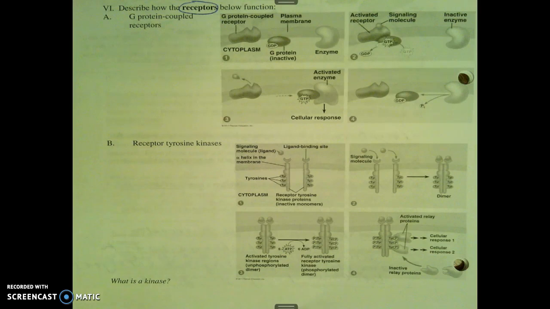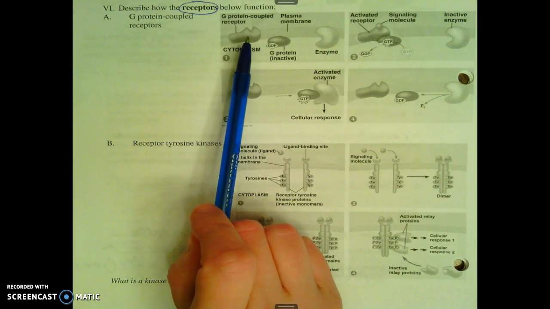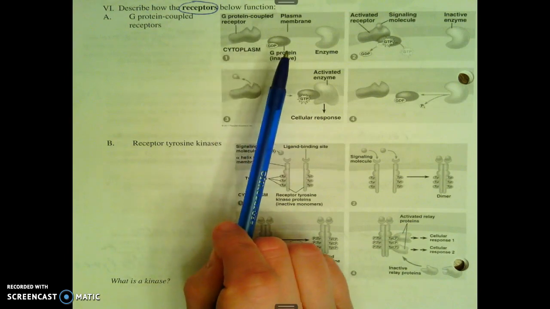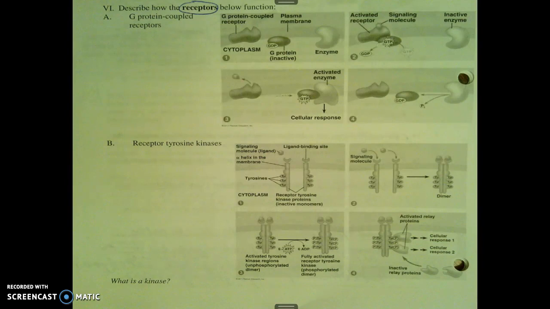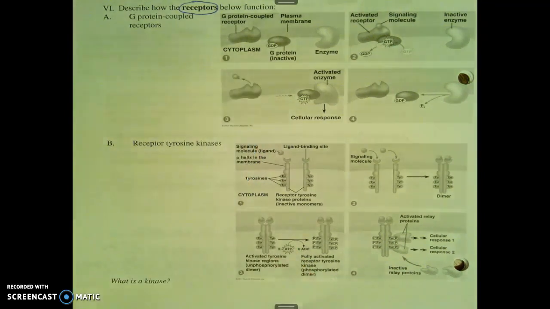First up, we'll examine the G protein coupled receptors. These are receptors that, go figure, are coupled to G proteins. Notice that the G proteins can take on 2 different forms. They can be inactive when they're bound to GDP, but they can also become activated.